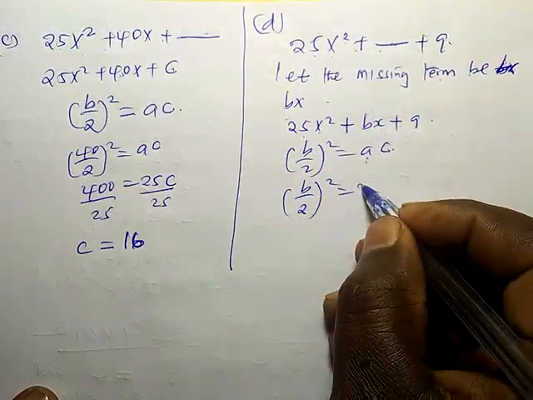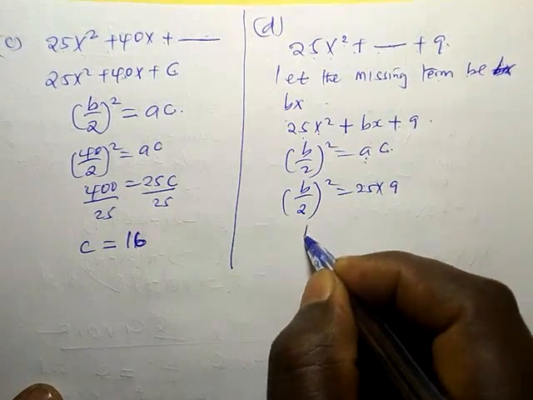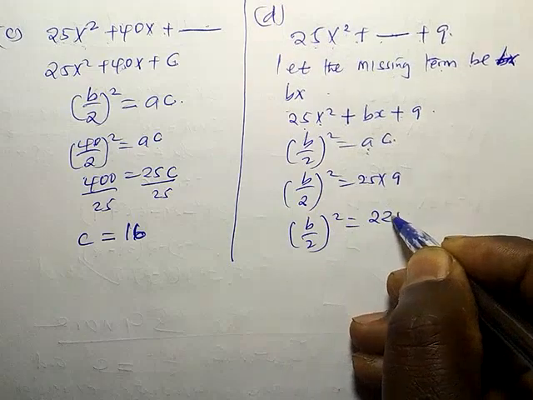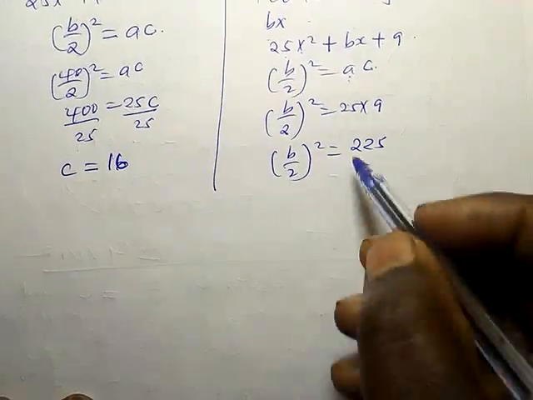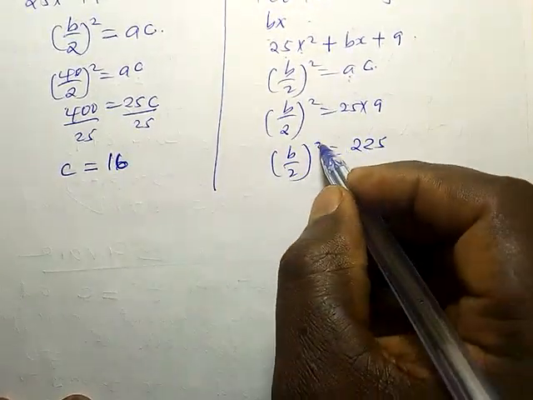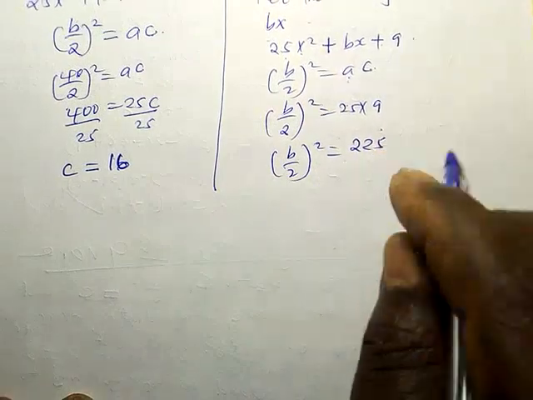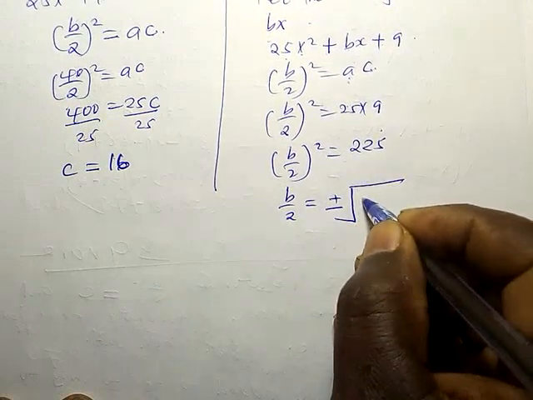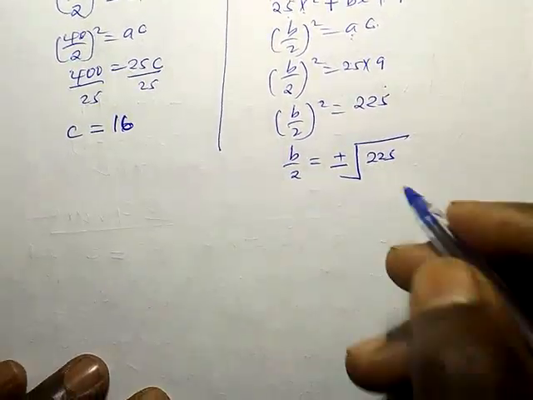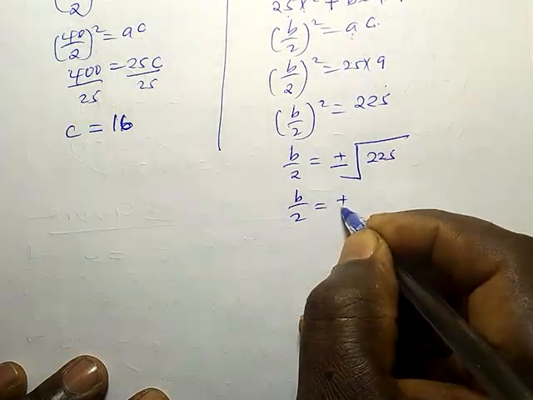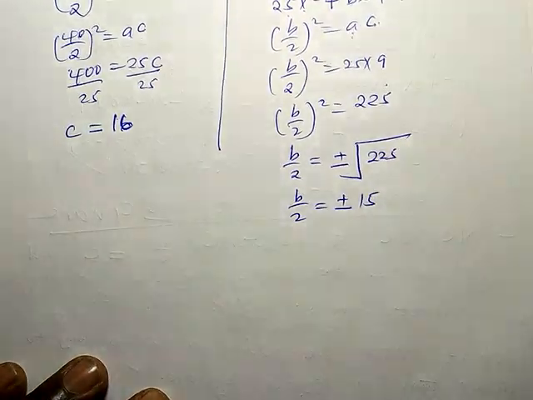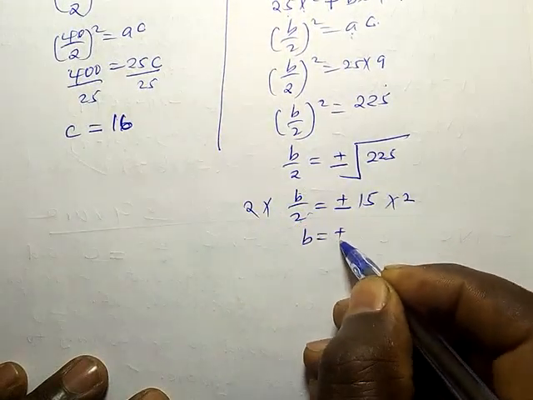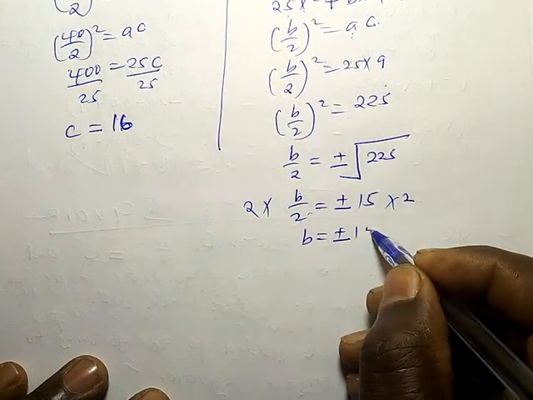That is 25 times 9. (b divided by 2) squared equal to 225. So we need to remove the square here by getting the square root of this number. So b divided by 2 equal to positive or minus the square root of 225. b divided by 2 equal to positive or minus 15. To get b, 2 times 15. So b equal to positive or minus 30.